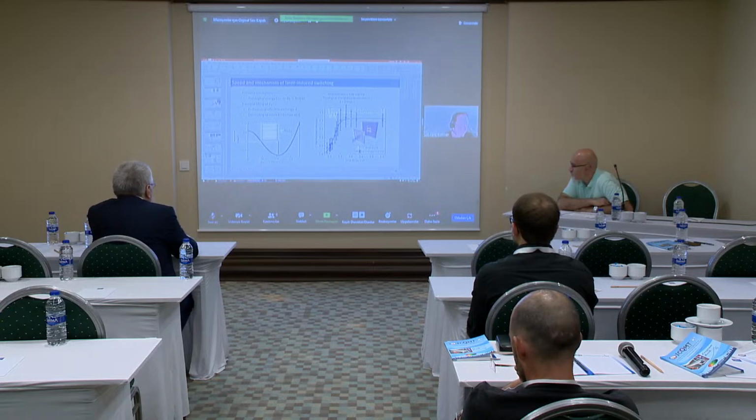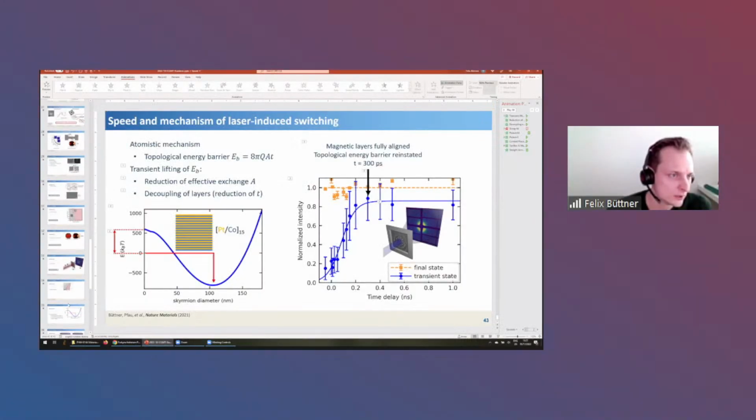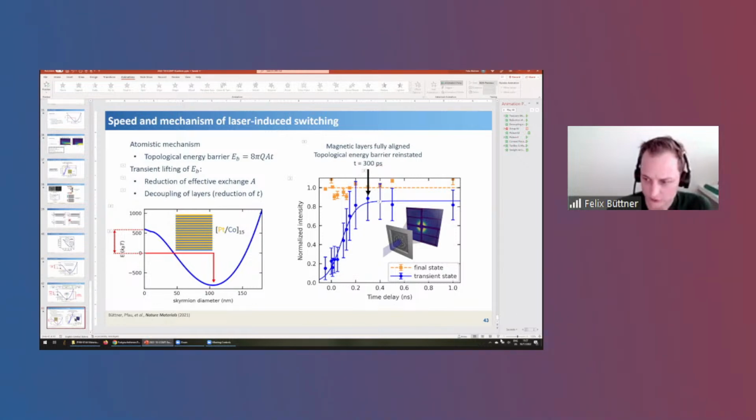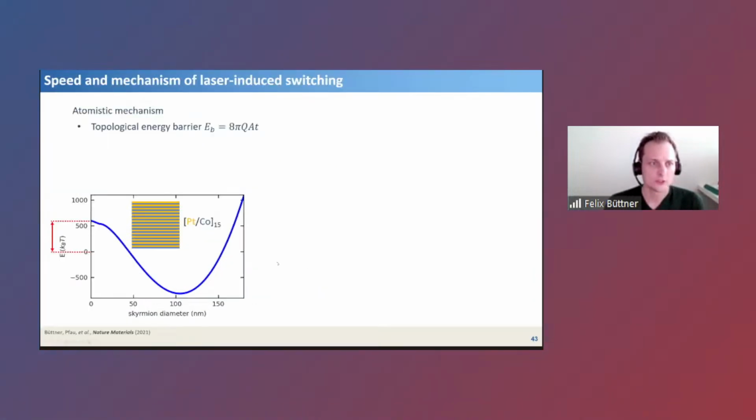Yes. So I think the best slide I have for this is this one. The atomistic mechanism is essentially that we transiently remove the topological energy barrier.